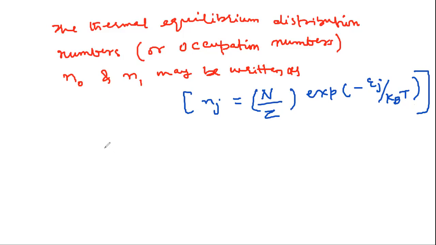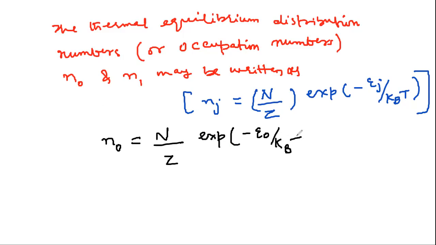N naught is N by Z times exponential of minus epsilon naught by kT.